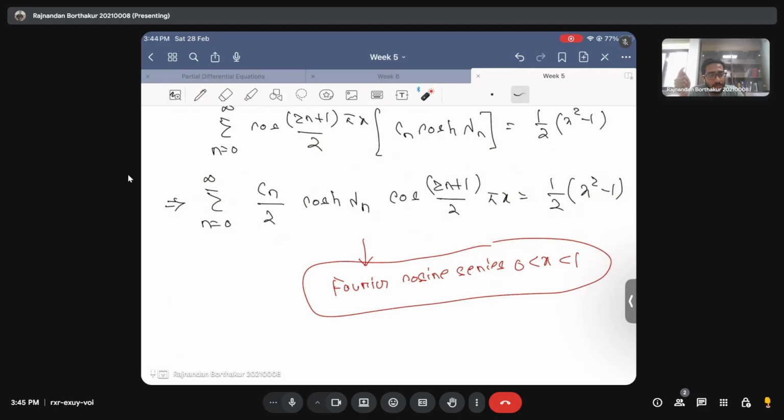You can do that because you only know the function in the mid interval from x equal to 0 to 1. What happens between minus 1 and 0 is still unknown to you. So you say, I can make the function behave as an even function in the interval minus 1 to 1, such that in the entire interval from minus 1 to 1, the function is an even function, basically.